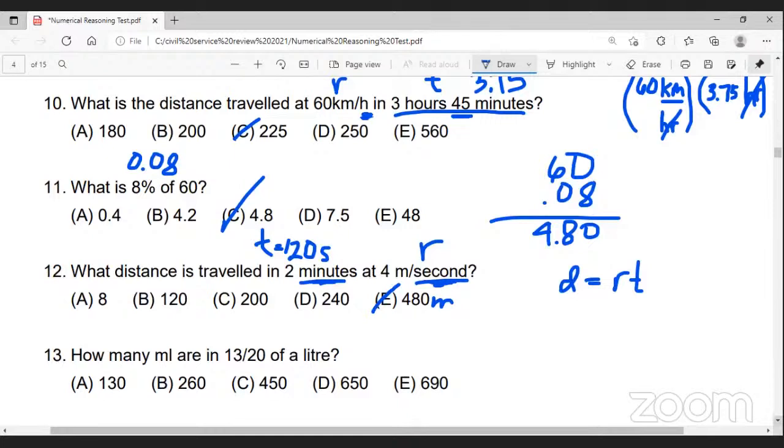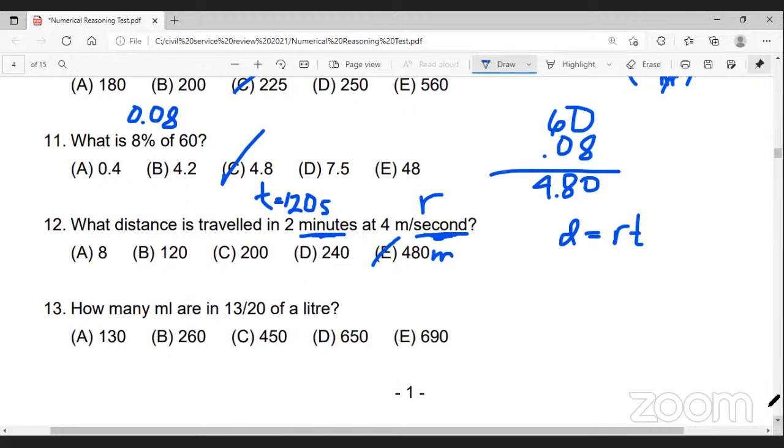For the final answer, especially if there are no choices, where they do a short answer, they should have 480 meters as their final answer to be considered correct.